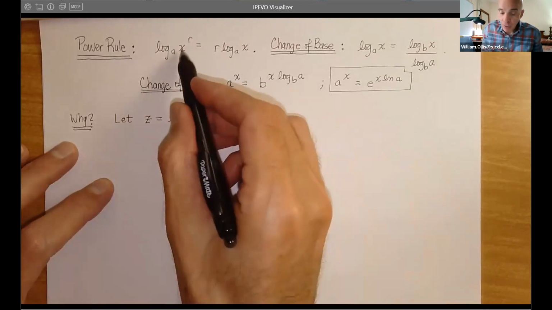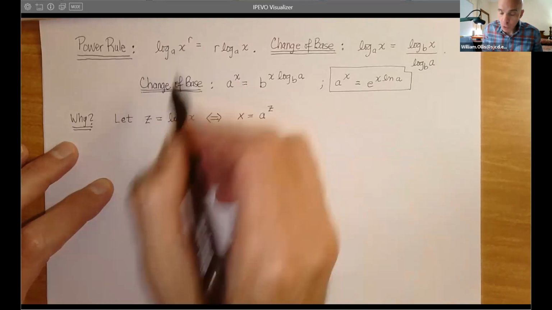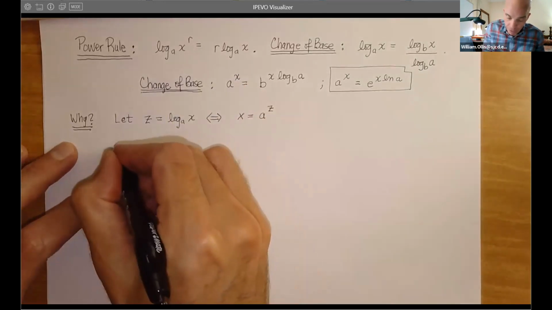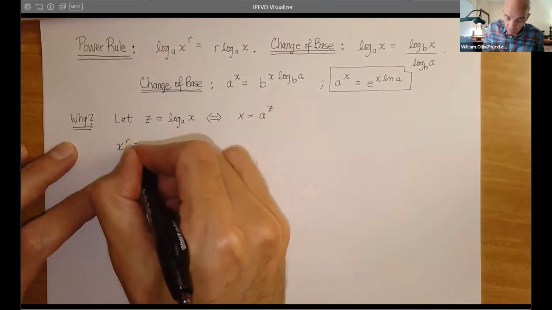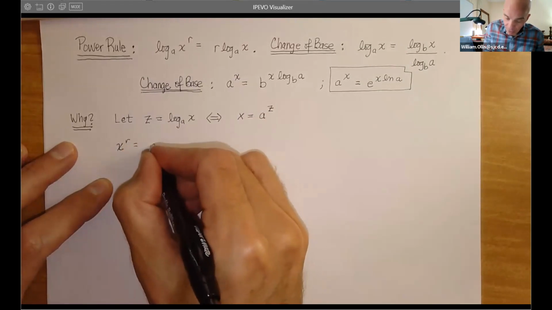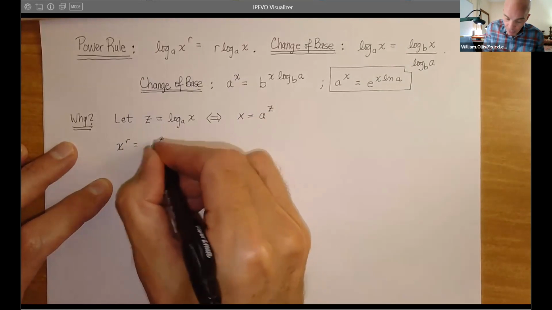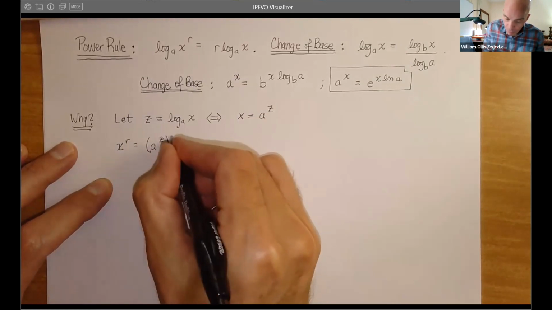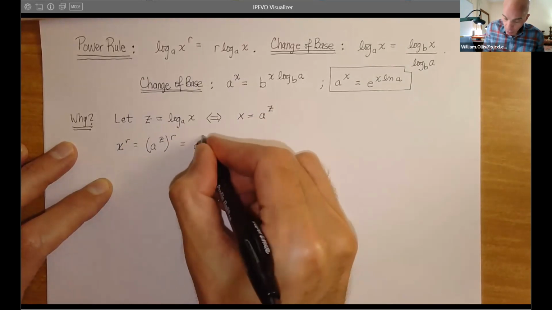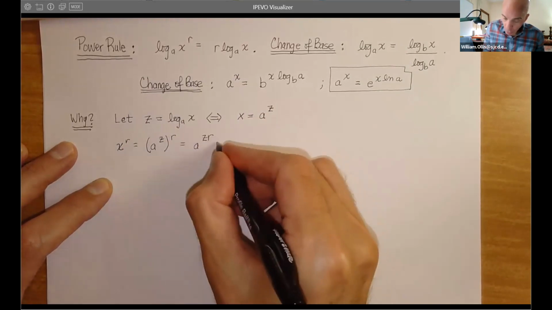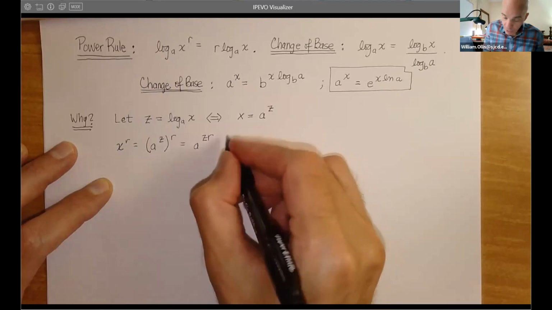And so now we have a way to write x to the r. So x to the r will equal a to the z raised to the r, which is a to the zr, or if you like, a to the rz.